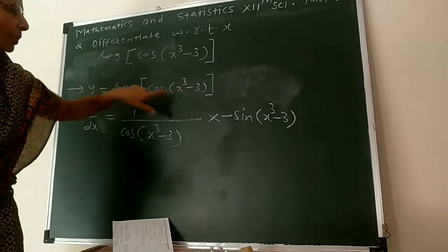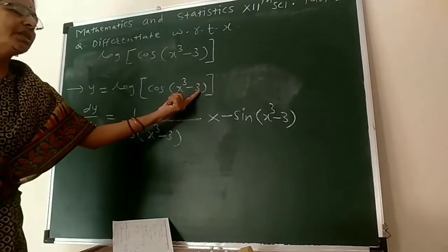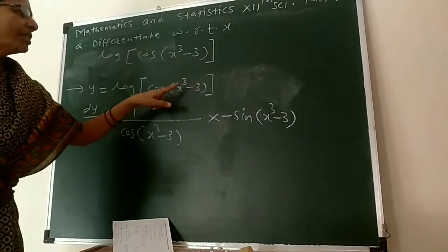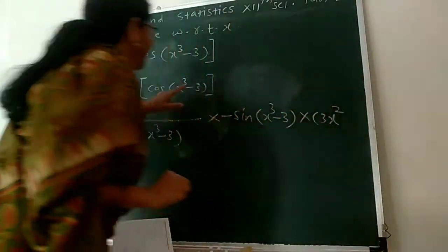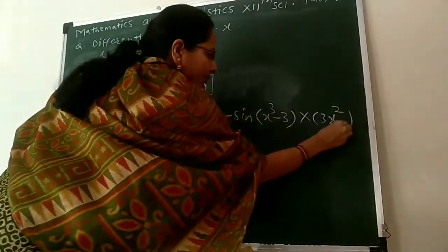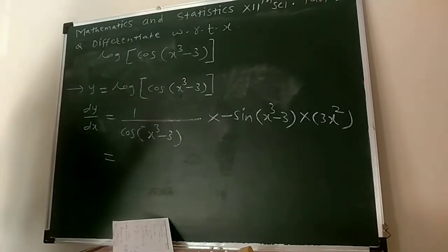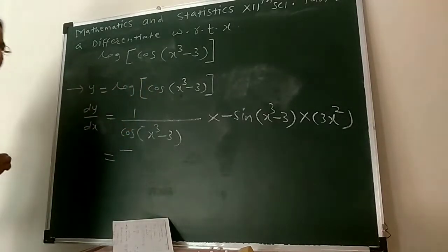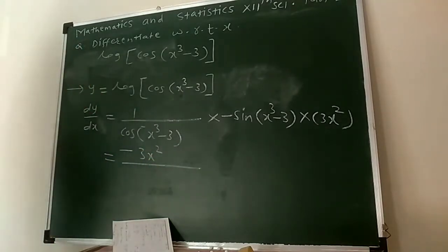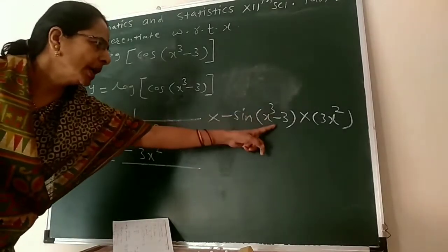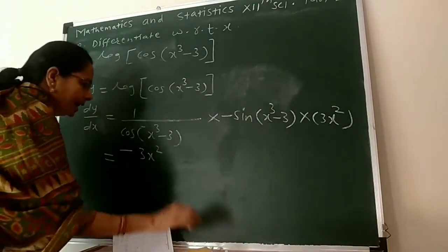Cos of this value gives minus sin of this value, again multiplied by derivative of this value, derivative of this is 3x square minus 0. So the minus sign is there in the numerator, 3x square, sin x cube minus 3 upon cos x cube minus 3, which is tan x cube minus 3.